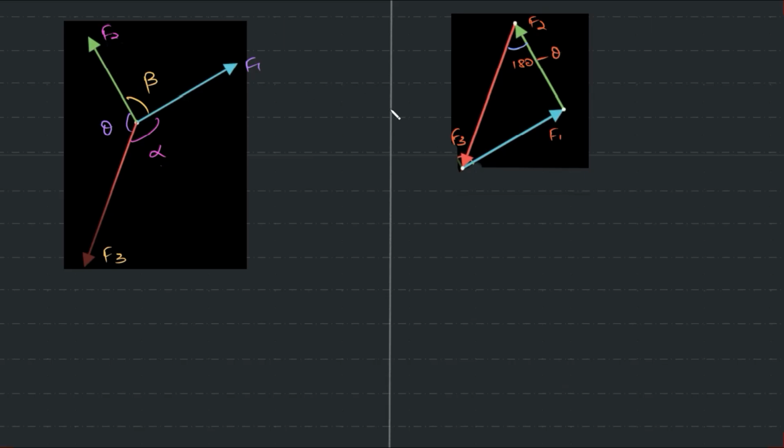Opposite to green is alpha, so this has to be 180 minus alpha. And this is opposite of F3, that's beta, so this is 180 minus beta. Right? And you have a triangle, so I can name it as a triangle.